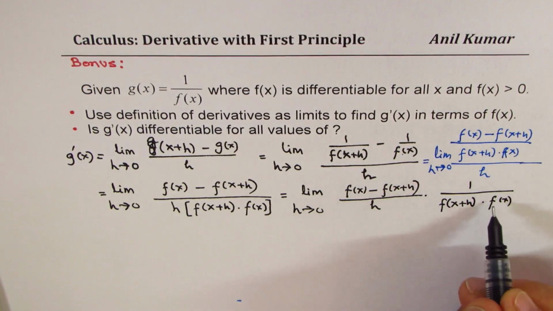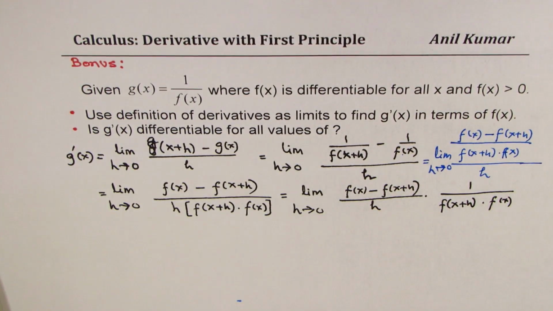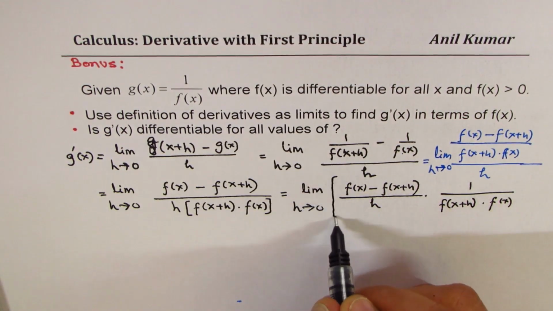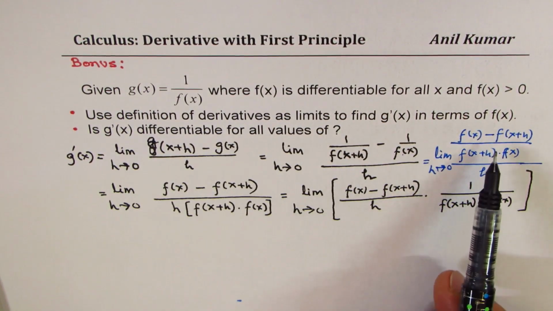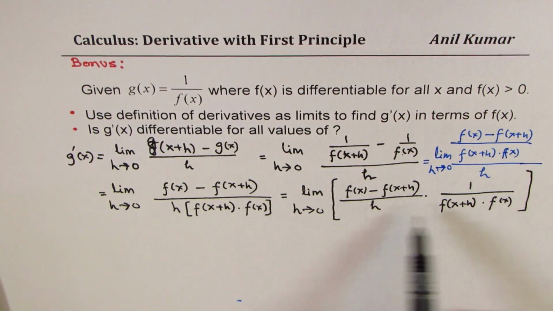I could have gone from here to this step also, and all this is in brackets. Is that clear? Good. So I'm just rewriting.